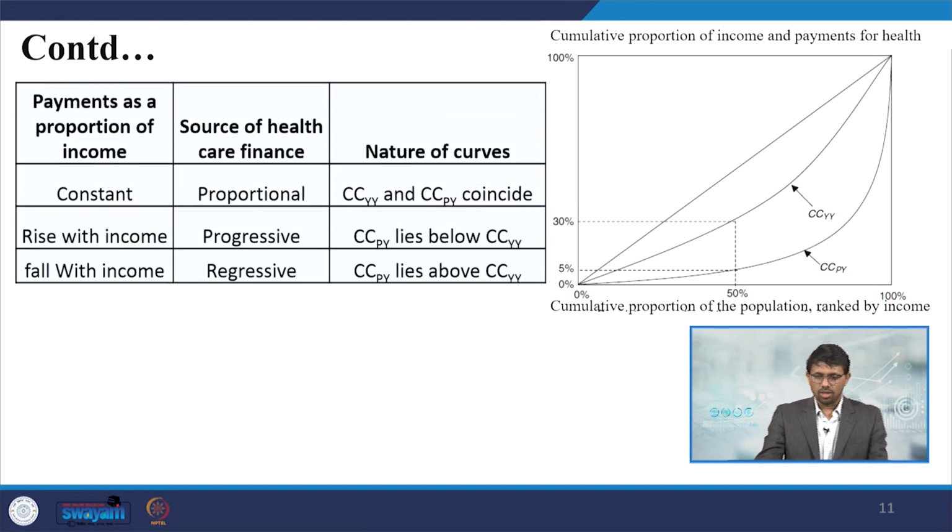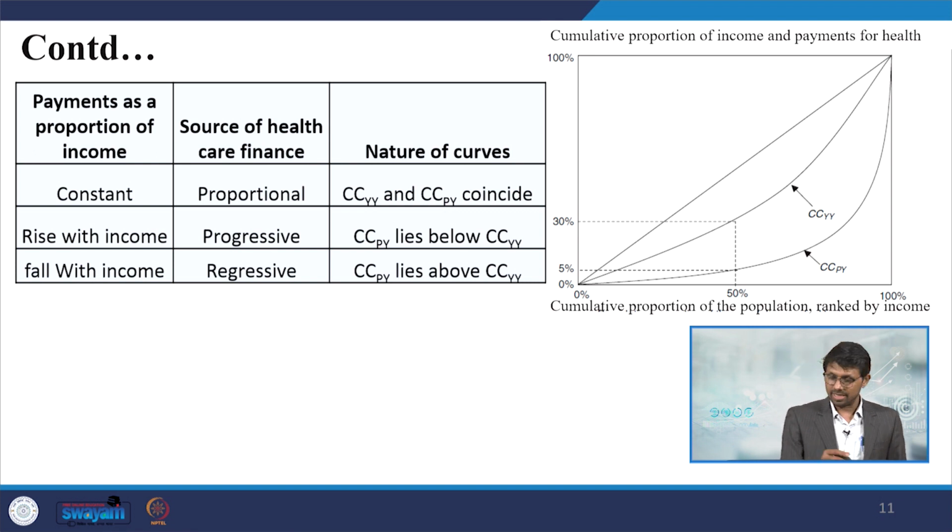So, this is all about the directions for the Kakwani's progressivity index. We are going to clarify one by one again. We are mentioning that if payments as a proportion of income are constant, and sources of healthcare finance are proportional, then all three lines are coinciding with each other in that case.